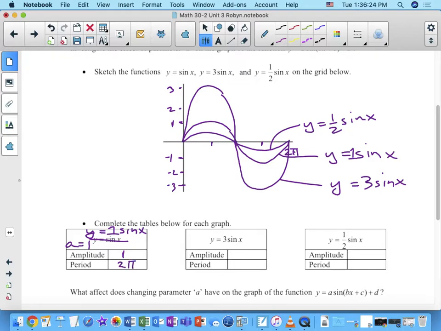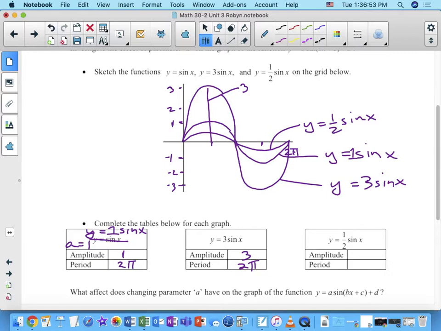Okay. y equals 3 sine x. What's the amplitude of that? Three, yeah, because the distance from the midline to the max is 3. And the period? 2 pi. And then finally, y equals a half sine x.